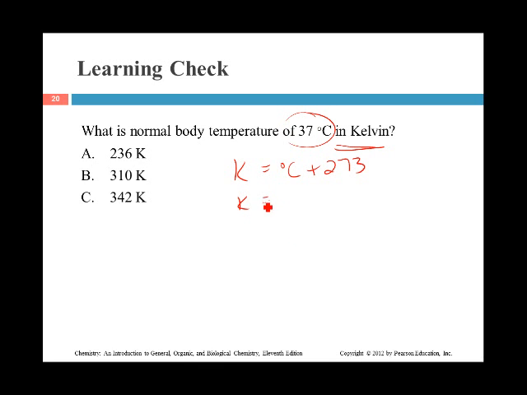So Kelvin is equal to 37 plus 273, which comes out to be 310. That looks like a 4. 310.